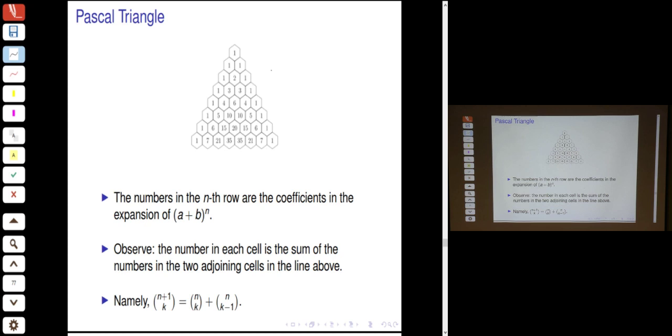The neighbors are on the nth row, one at position k minus 1 and one at position k. So the observation, written in mathematical terms, is this equality.